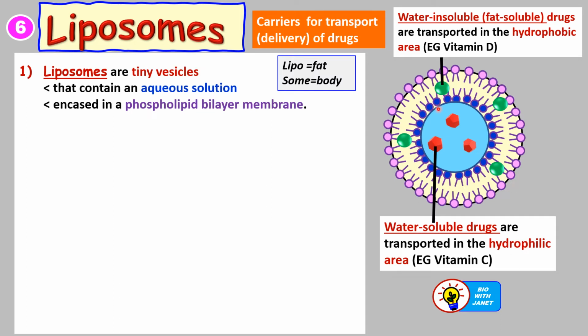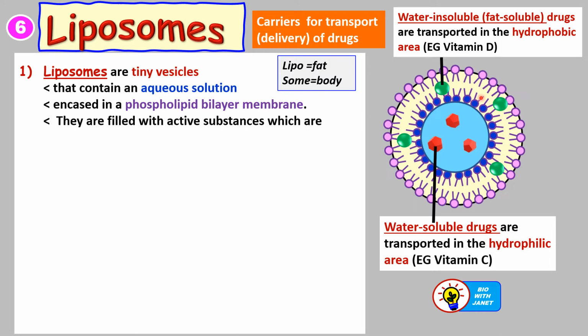Hydrophilic means water loving, attracted to water, and then two hydrophobic tails, right, which are water repelling, so they face each other. They face inwards to each other. The tails face each other. So it's called a fat body because it has a phospholipid bilayer that contains a lipid in it, right? So it's called a fat body.